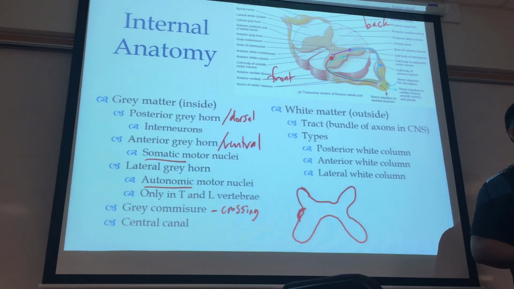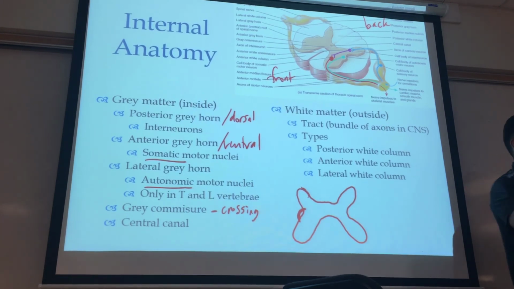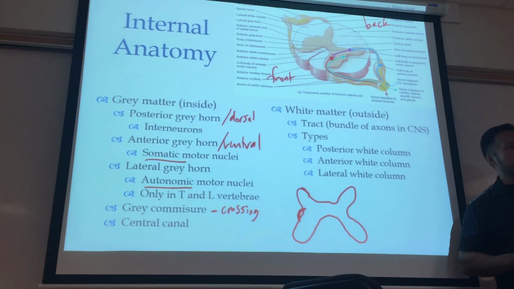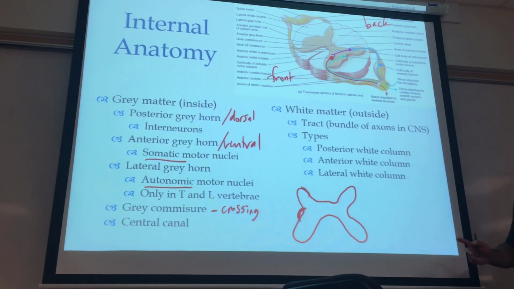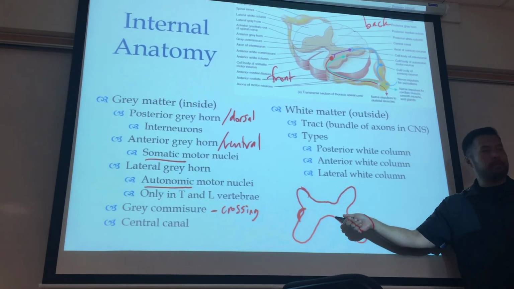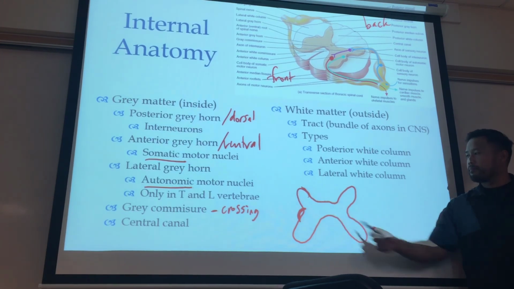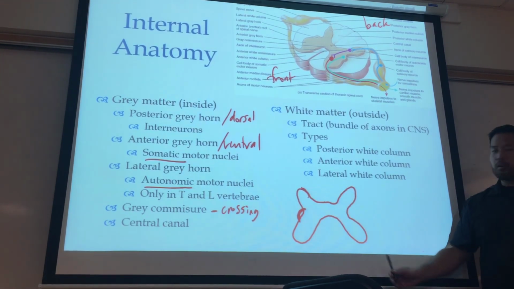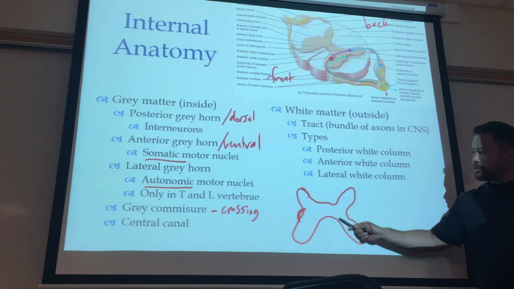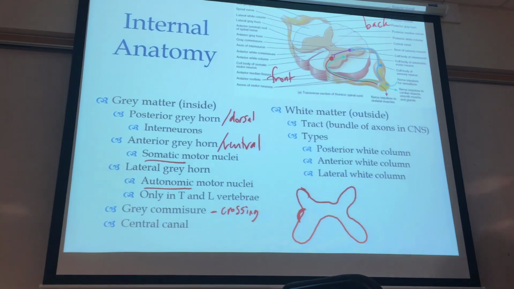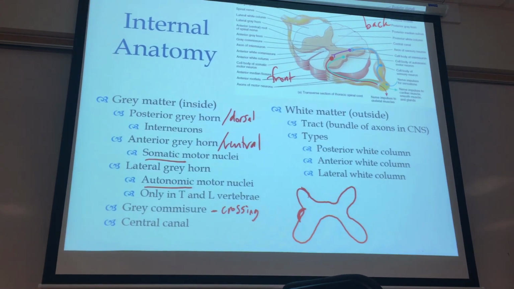We mentioned that there was a decussation of the pyramids, crossing that takes place in the medulla oblongata. If it doesn't cross through the medulla oblongata, it crosses through the gray commissure. Most of the things that are somatic will cross through this area and travel back, and I'll show you that on the next slide.